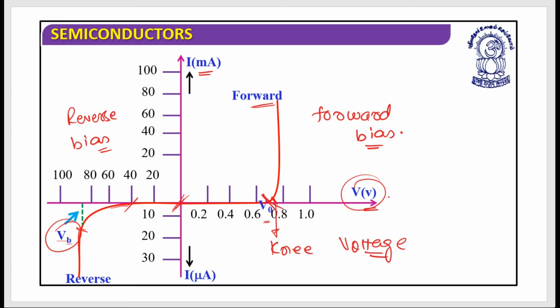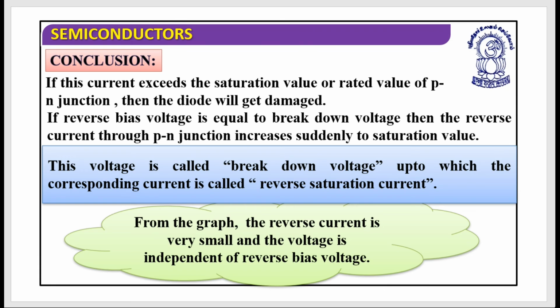Are you done with this? So let's conclude something very important: if the reverse bias current exceeds the saturation value or rated value of the PN junction, then the diode will get damaged. And if the reverse bias voltage is equal to the breakdown voltage, then the reverse current through the PN junction increases suddenly to the saturation value.